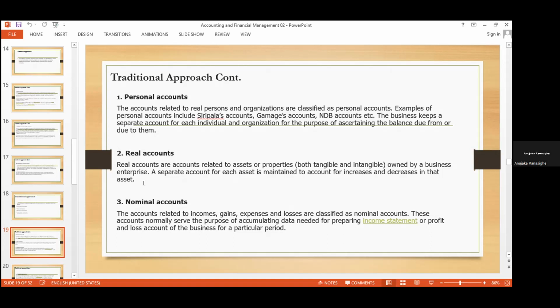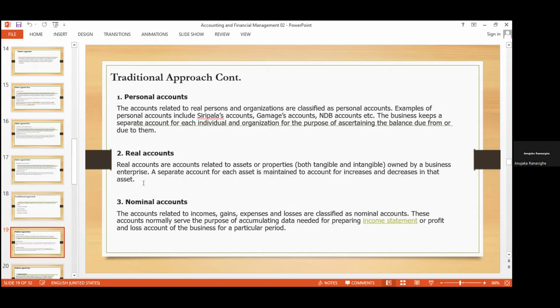All the gains, income, losses, expenditure, all the expenses are here in the nominal accounts.